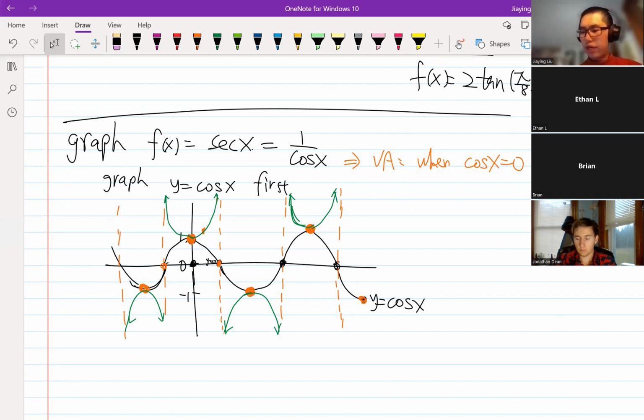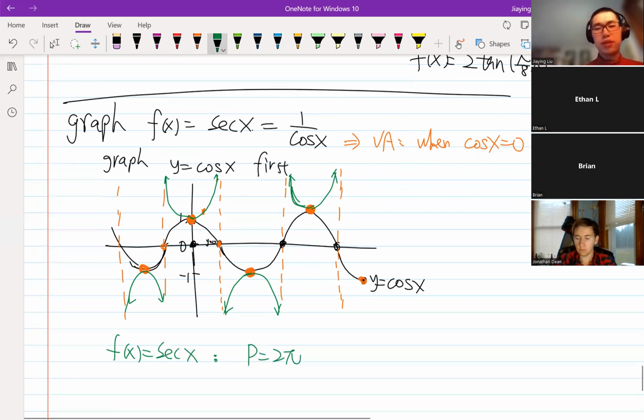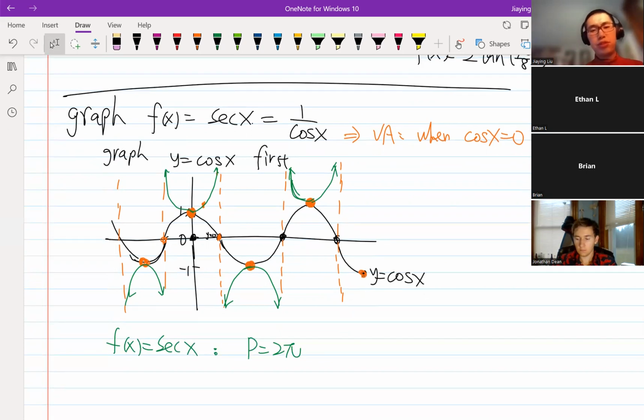And I just want to note a couple of things with this specific function. For f of x equals secant x, the period is still going to be 2 pi, just like the cosine function. It's not pi, it's 2 pi.